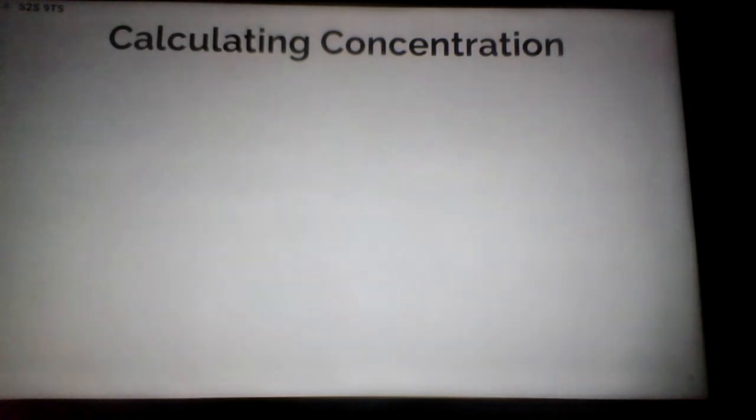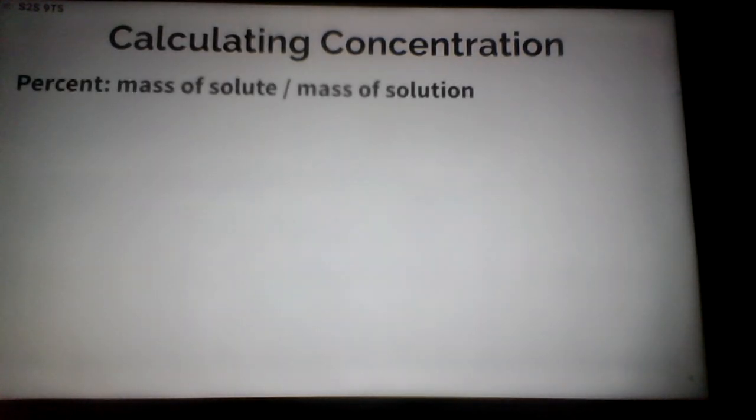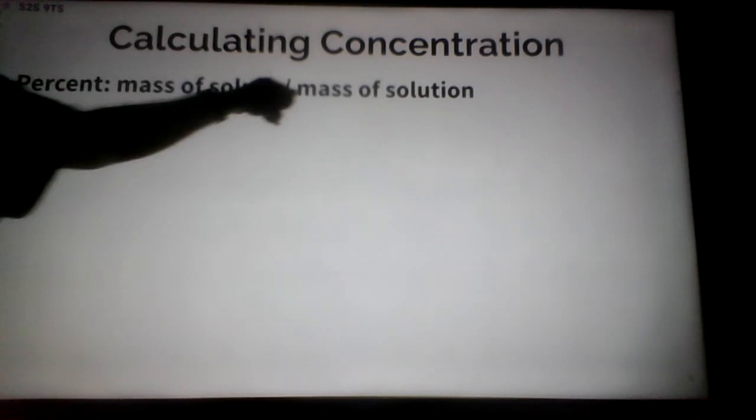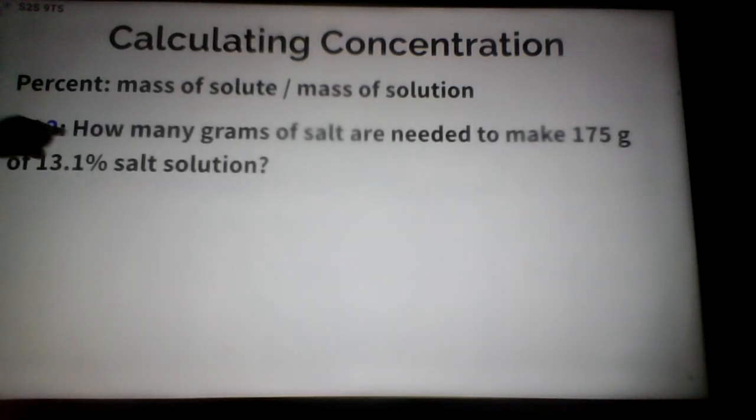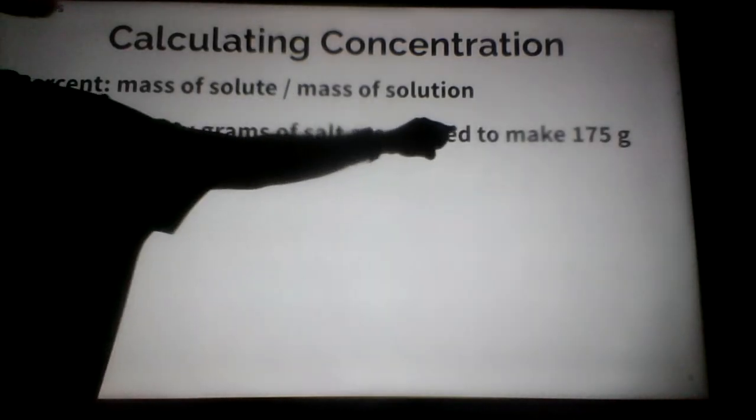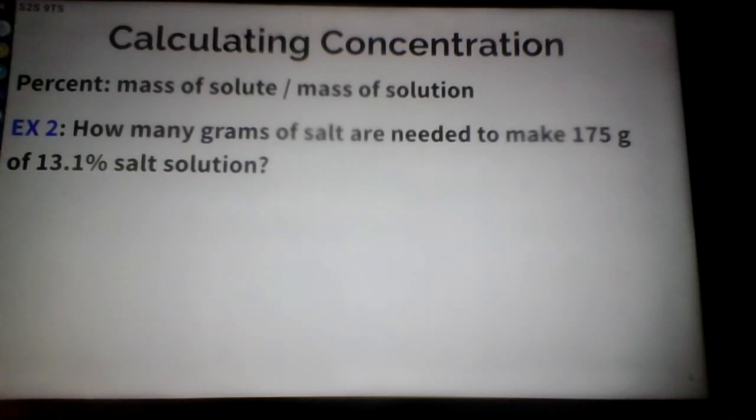Ready? Now, calculating concentration: what if we already know the percent and we want to know the mass of the solute? The percent, remember, is the mass of solute divided by the mass of the solution, what we're talking about divided by the whole thing. So in this example, how many grams of salt are needed to make 175 grams of 13.1% salt solution?